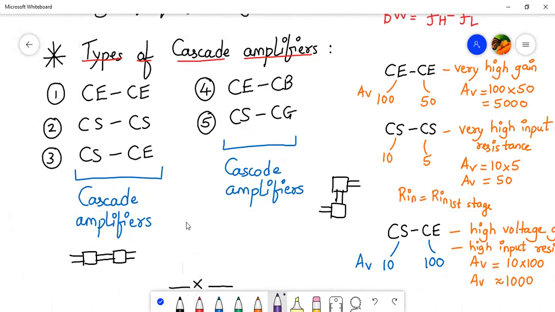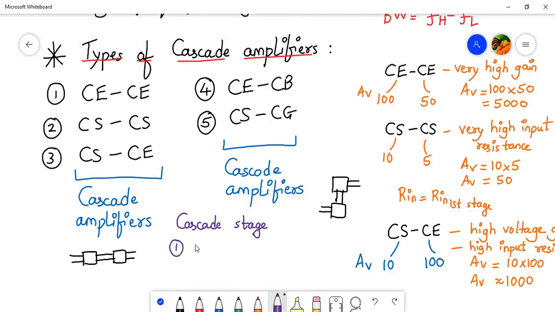So for cascade amplifier or cascade stages, we have to do the following.